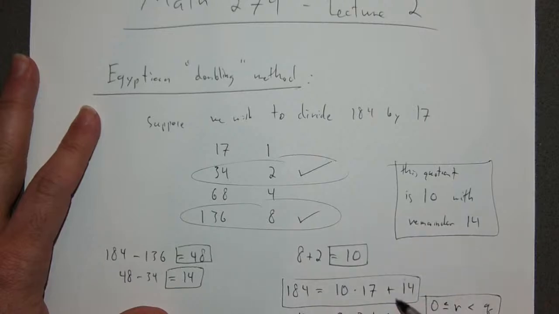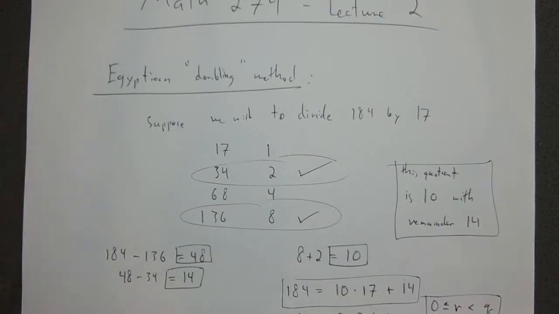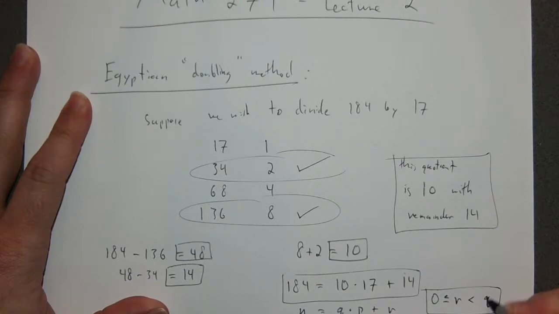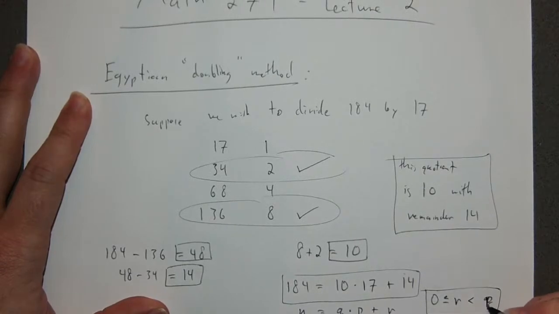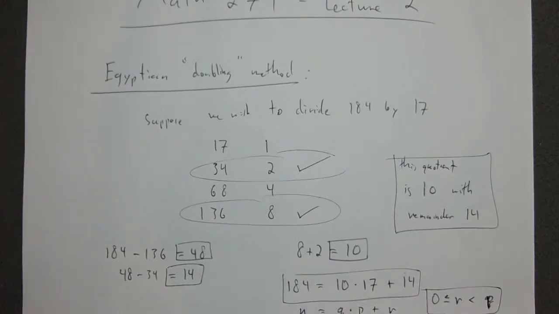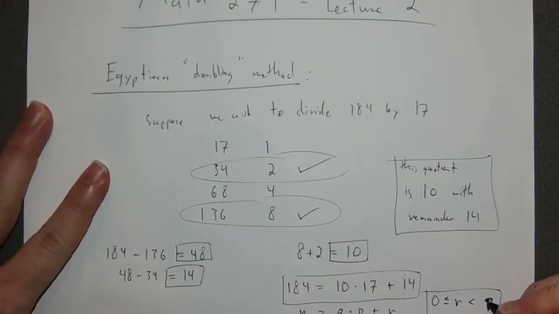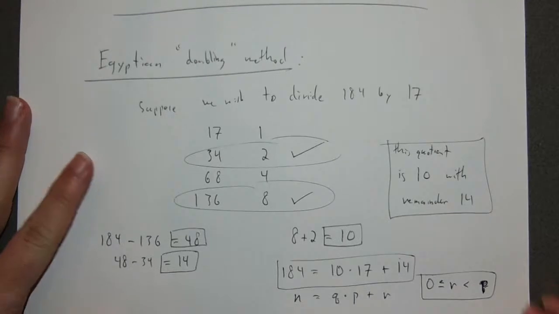If 14 was bigger than 17, then there could be a regrouping here that would result in this r being reduced, and that's not what I want. So I want my r to be strictly less than, sorry, not q, but p. If I've written it like this, such that q is 10 here, then r needs to be strictly less than p.